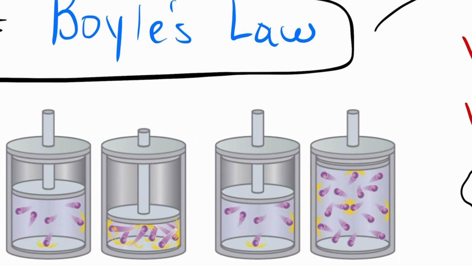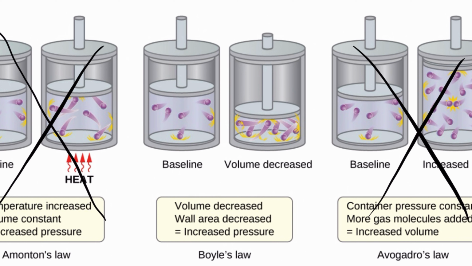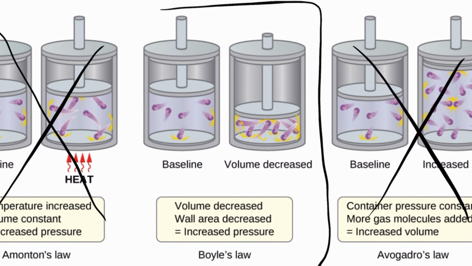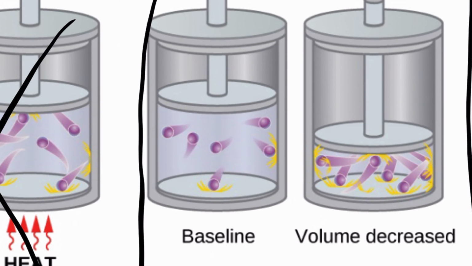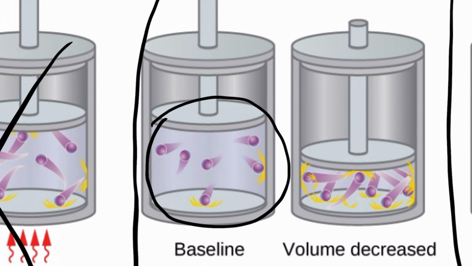So if we look at our photo here, we can just ignore these two. I only use this picture because I liked it so much. We'll look at this middle where we have Boyle's Law. It says volume decreases, wall area decreased equals increased pressure. If we look at this left one, the baseline, we can see we have gas particles in a closed container.